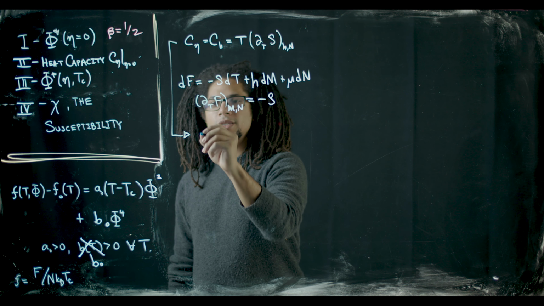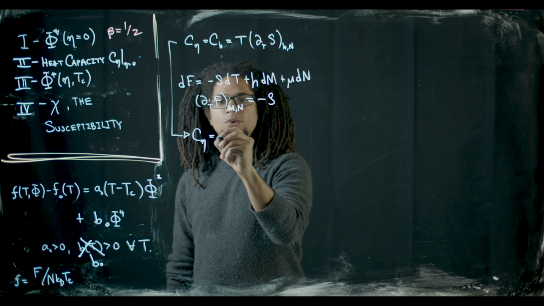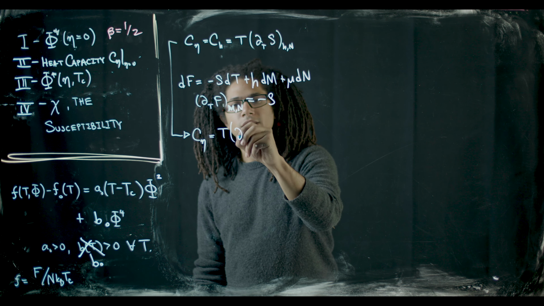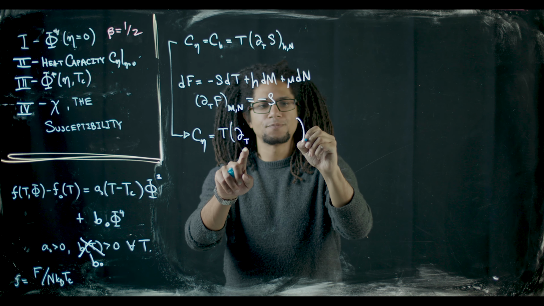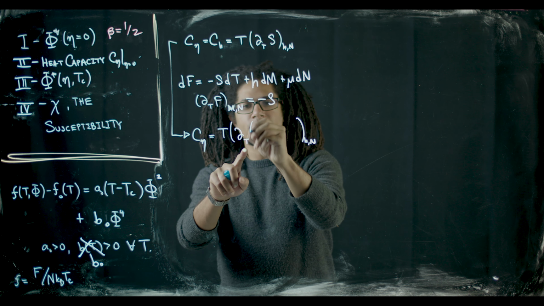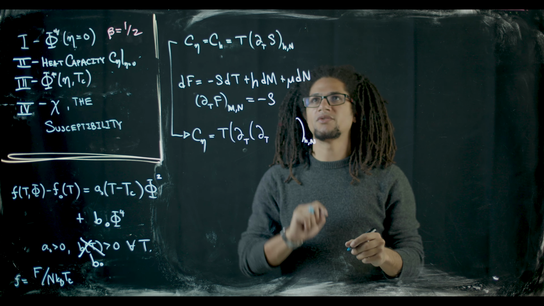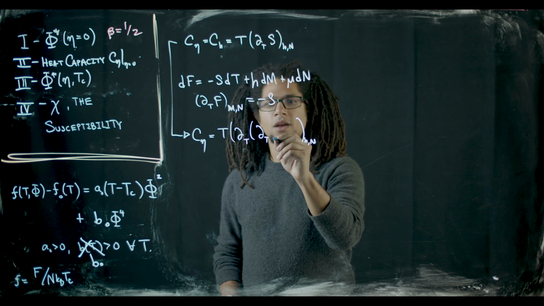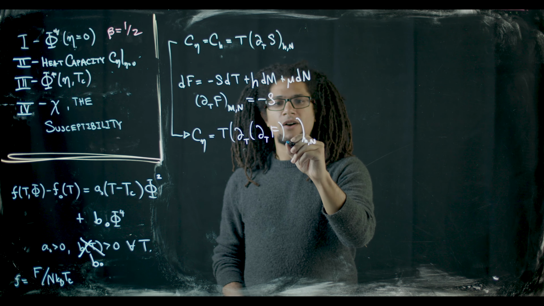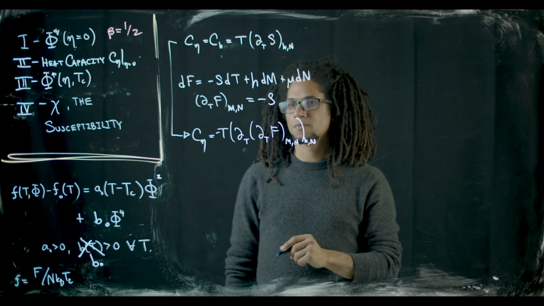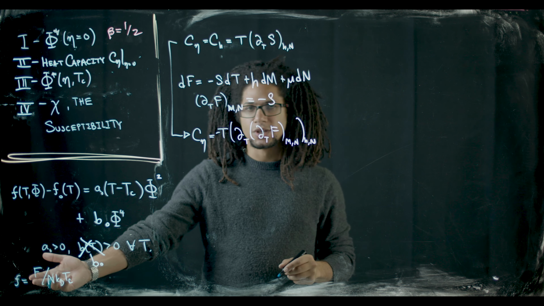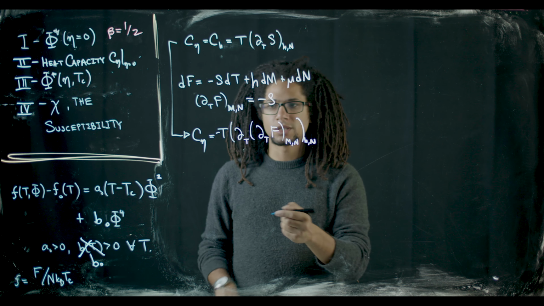So what that means is that C eta is equal to T times the partial with respect to T, so this outer one is going to be fixing H and N, and then another inner partial derivative with respect to T of F, but now fixing M and N, with a minus sign. We can rewrite things in terms of little f by doing some substitution.